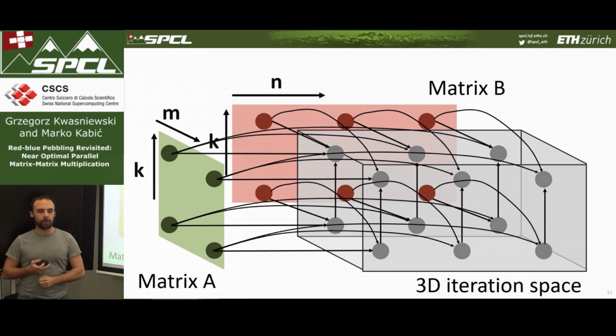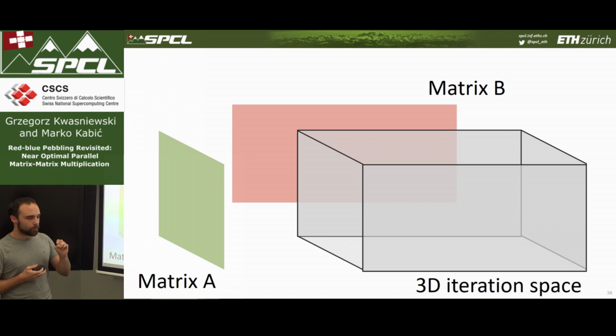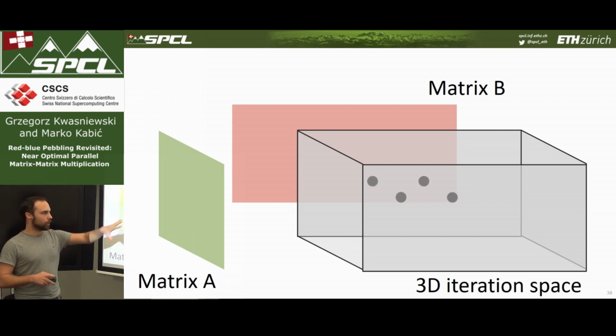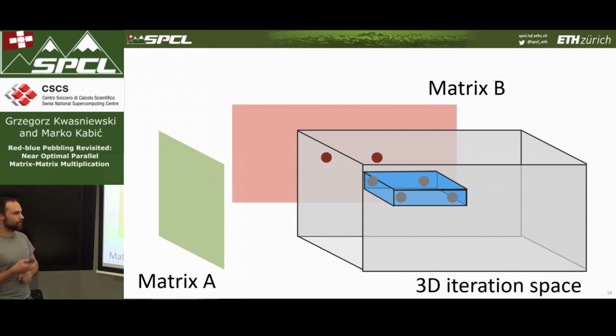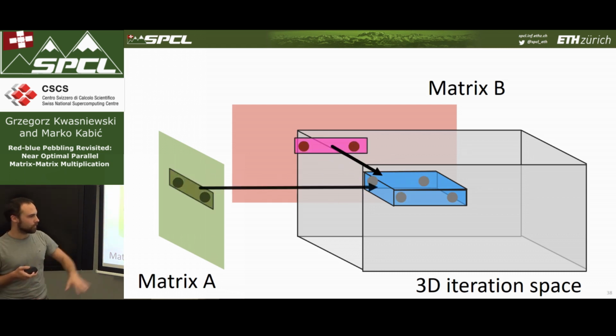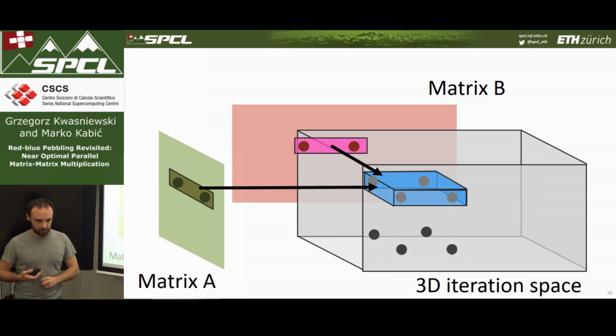Great, so let's now tackle it with our X-partition abstraction. We'll ask ourselves a question: what is the minimum number of I/O operations required to pebble, so to compute, this subset? As a first step, we need to form our dominator set. The dominator set for this particular subset will be formed from these vertices of matrix B, this vertex from matrix A, and these ones from the previous computation in the reduction.